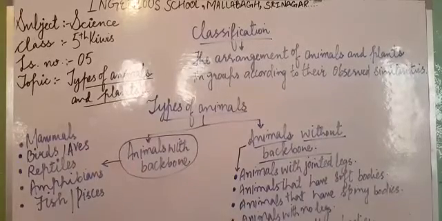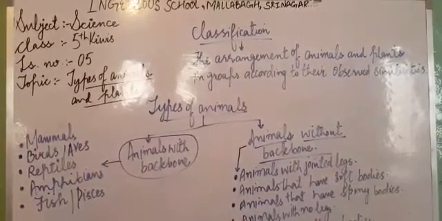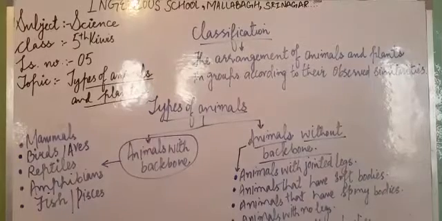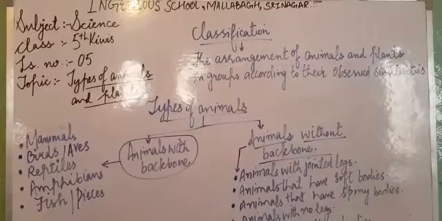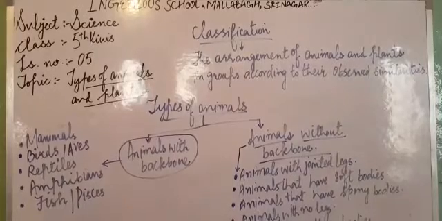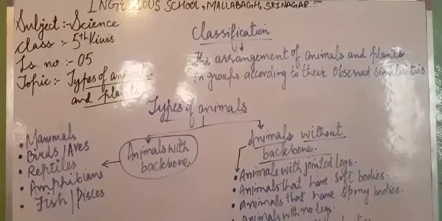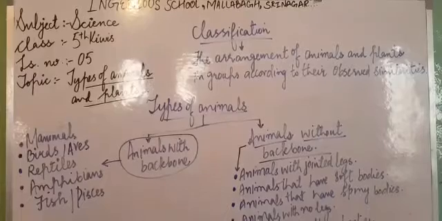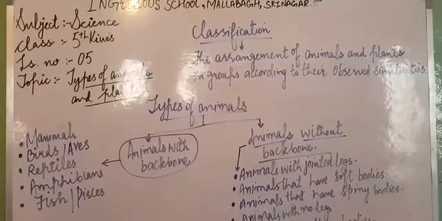One more important feature of reptiles is that they can change their body temperature according to the temperature outside. If it is cold outside, they move to warmer places to keep their body warm.